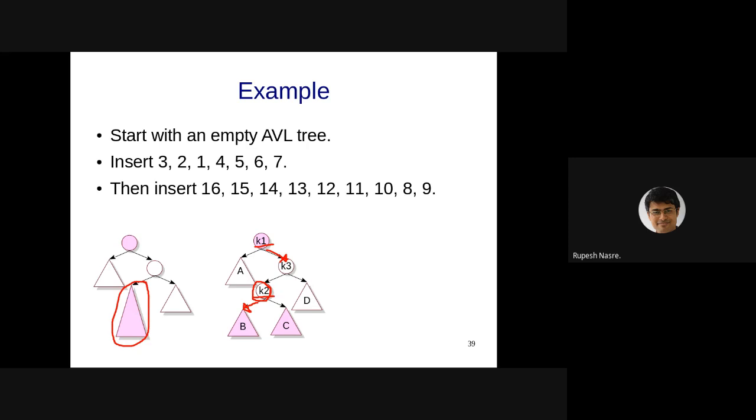So in this case, when we try to balance out, first the right rotation and then the left rotation, how would the tree look like? Can you draw that and show me a level order traversal? The in-order traversal should remain the same: A K1, B K2, C K3, D.